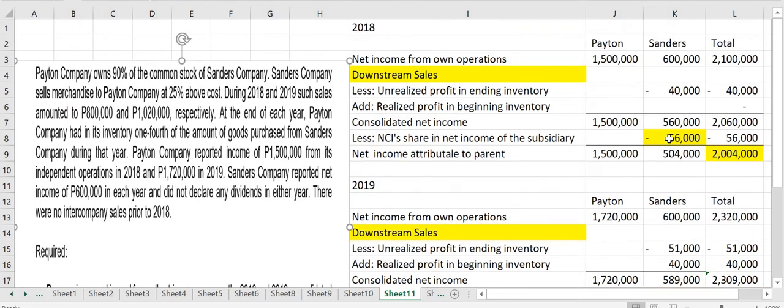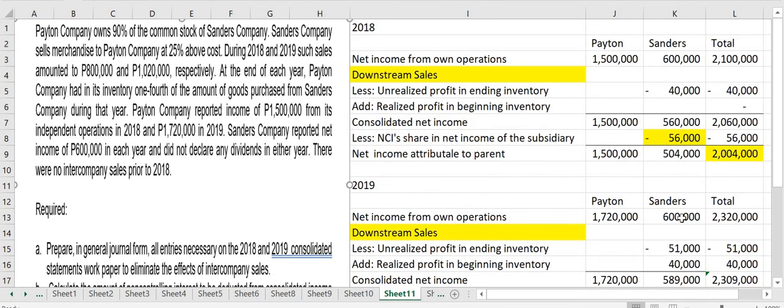Okay, so that's it. So, yun siya. Since in this case the selling affiliate is the subsidiary, therefore, we've deducted the unrealized and realized. We've adjusted from the net income of Sanders, being the selling affiliate.